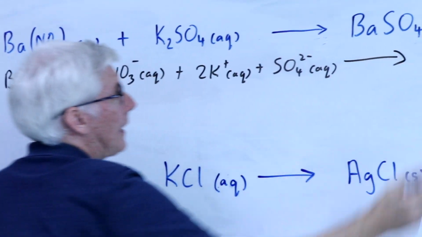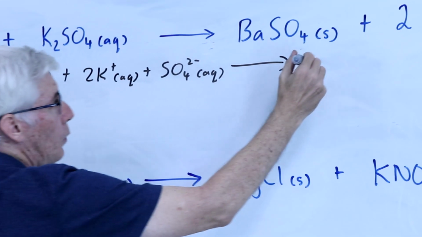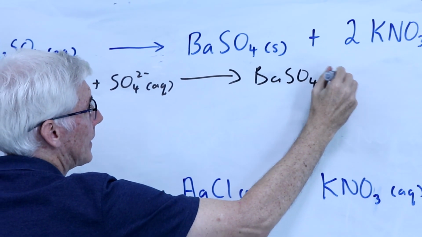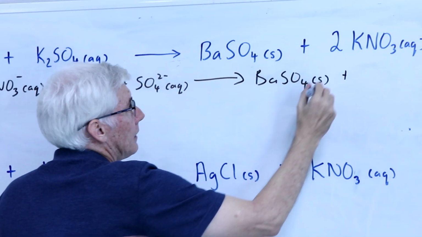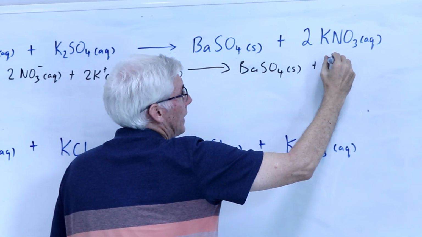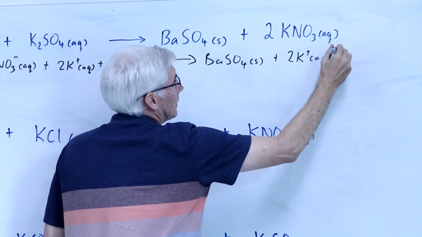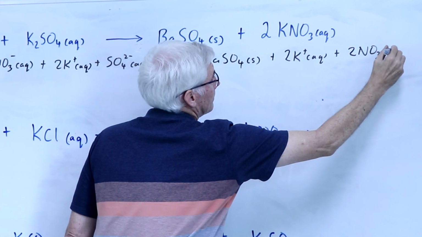When we added those two flasks together, as we said, we got this white precipitate. That white precipitate was our barium sulfate, so it stays together as a solid. And left over in the solution we have potassium ions plus nitrate ions.